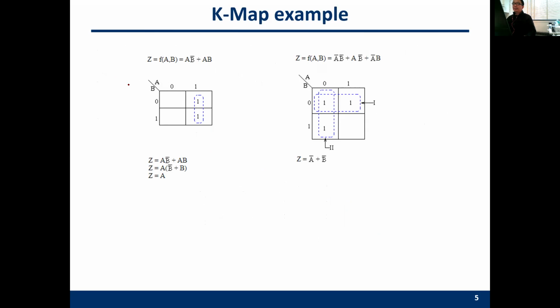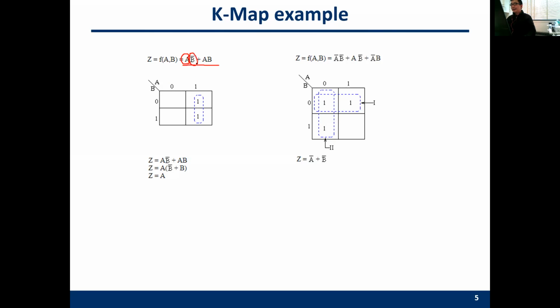And then we need to group these boxes in some way. Here is one example. Z is equal to this equation. For this equation, we have two terms here. The first is a minterm. A minterm corresponds to the row which can generate a 1. If this is A here, then this minterm corresponds to when A is 1.